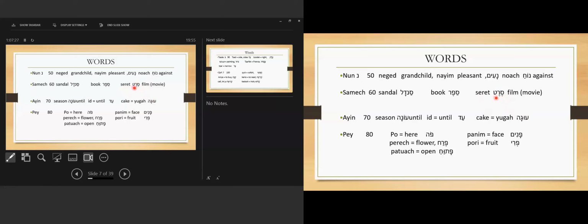It takes the sound of the vowel, and this is an e, so it's e, the, d, eved, which is a slave. Got it?